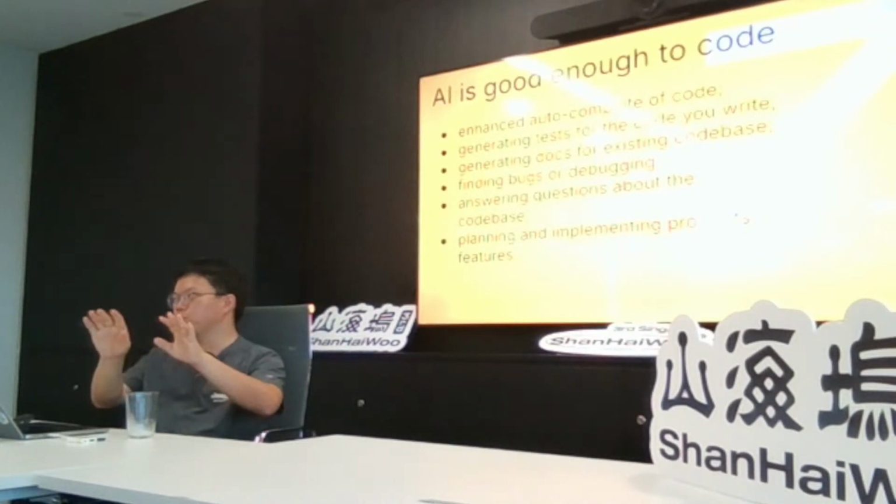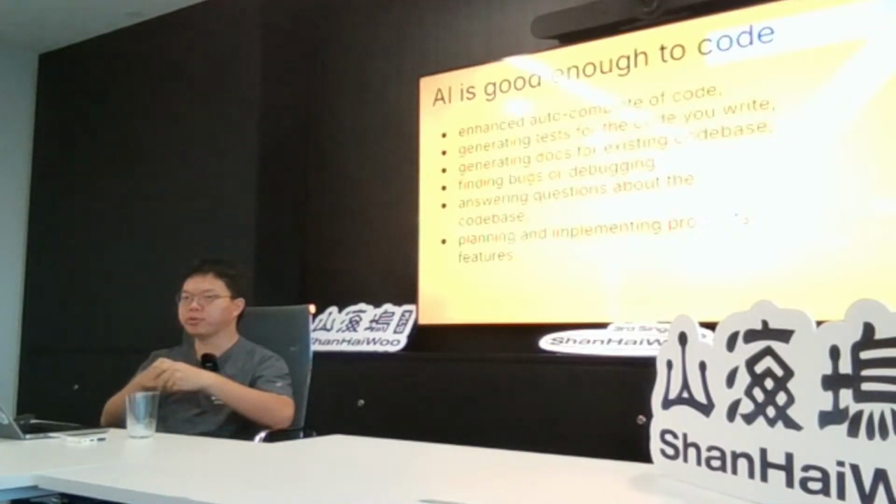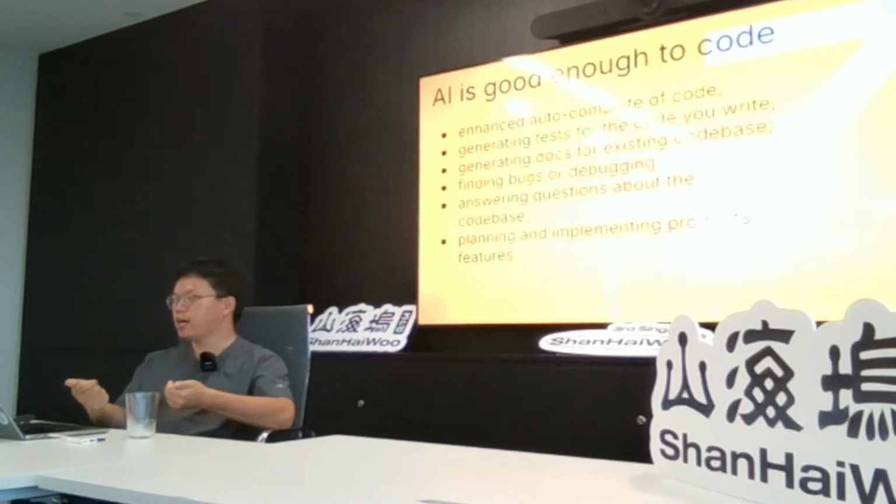So you can build the API or build new libraries and modules, and then you can ask AI to generate the tests for each of your functions for different test cases, and also prepare data fixtures for the tests.